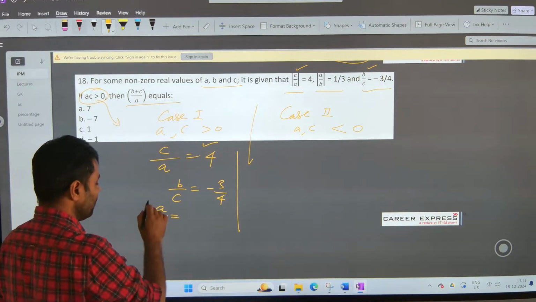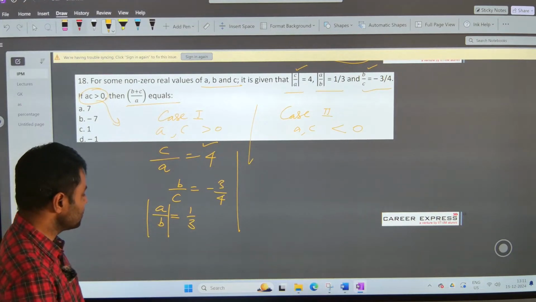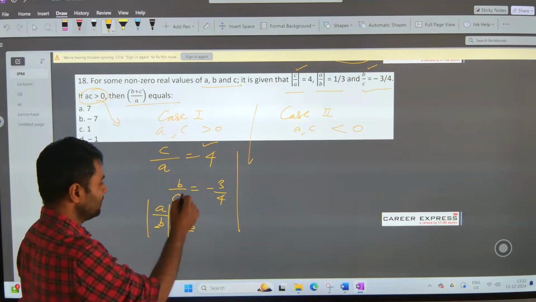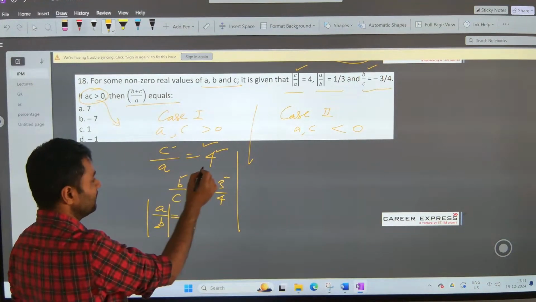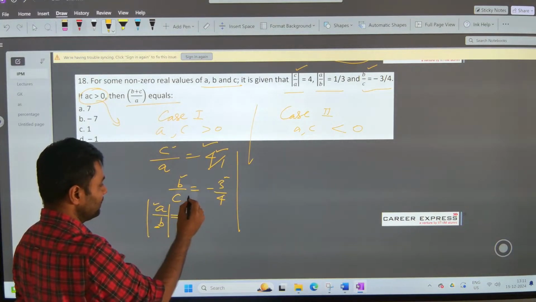A by B mod is 1 by 3. So from here, in front of B I have 3, in front of B again I have 3. In front of C I have 4, in front of A I have 1, in front of A I have 1, in front of C I have 4.